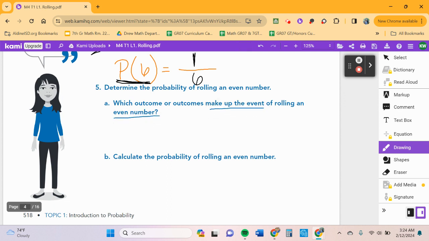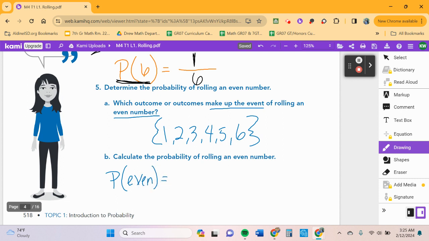This is where you are going to write in your sample space: 1, 2, 3, 4, 5, 6, and then circle or find how many of those make up the event for an even number. And then here is where we're writing our formula. So the probability of rolling an even number is equal to possible outcomes over total outcomes.